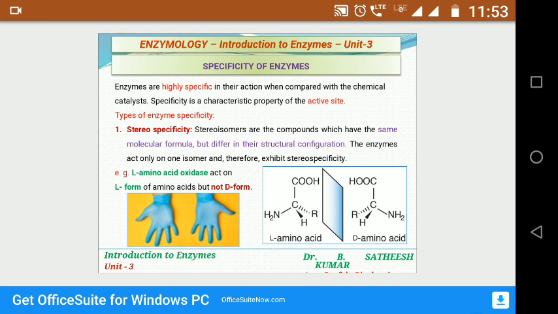So in this topic, the specificity is actually attributed to the active site. It is the property of the active site. The active site is the reason for specificity, because that active site specifically binds a particular substrate.